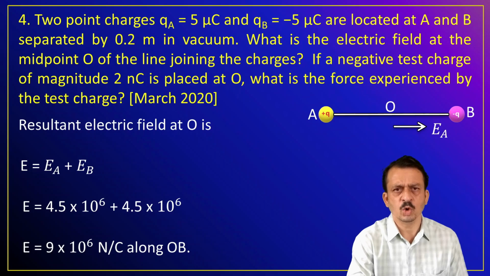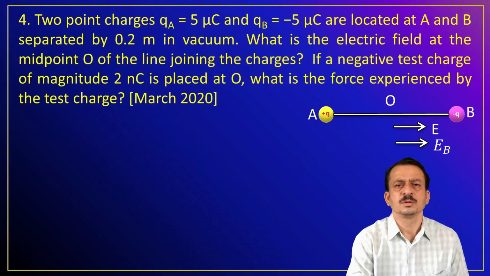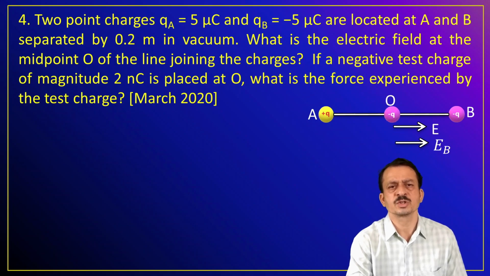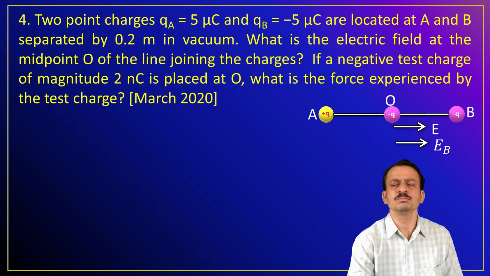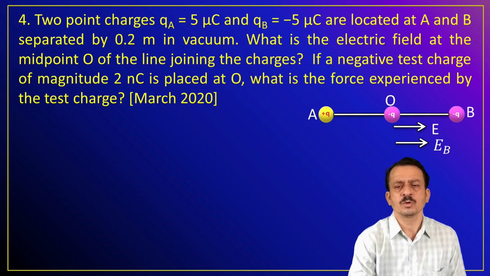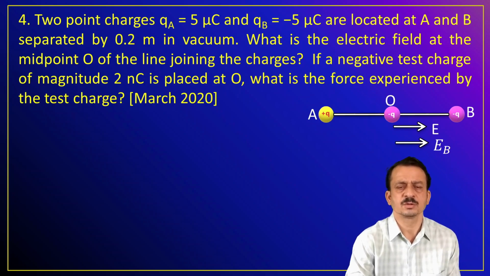Now, at the midpoint O, we are placing a negative test charge of magnitude 2 nanocoulomb. The direction of the field is as shown here, EB. Therefore, it experiences a force.